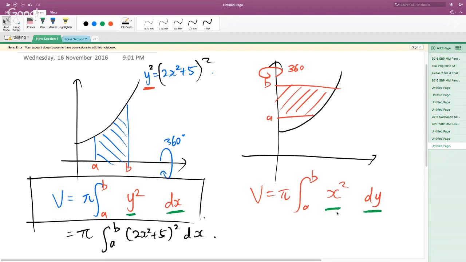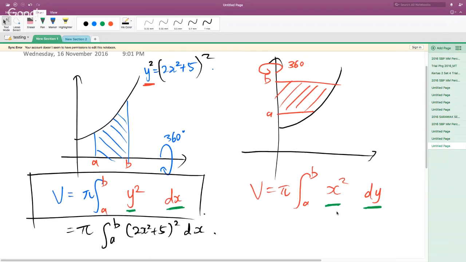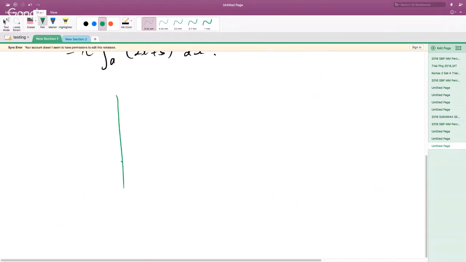And most of the time, you will see rotate 360. But sometimes we rotate 180, if you have an area that looks like this.